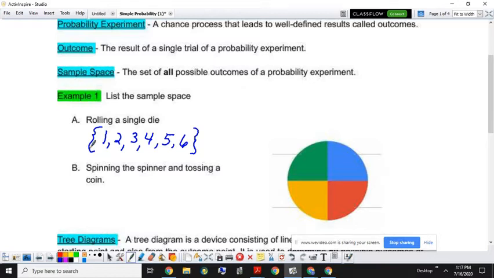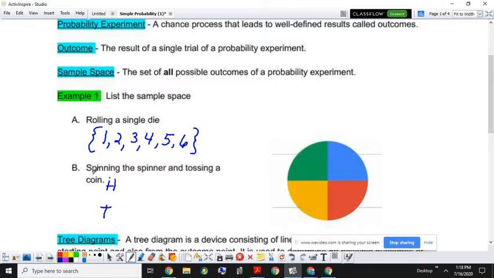Pretty easy. Okay, it said looking at the spinner and tossing a coin, what are all of the possible things? So I'm going to toss the coin first just because it's easier for me. If I toss a coin, I can get heads or tails, and then I'm going to spin the spinner. On the spinner, I can get 4 different colors.